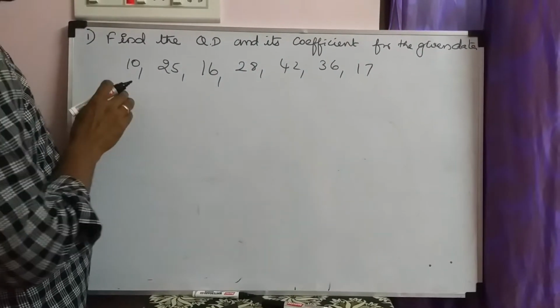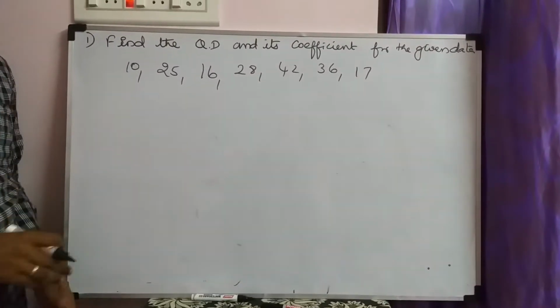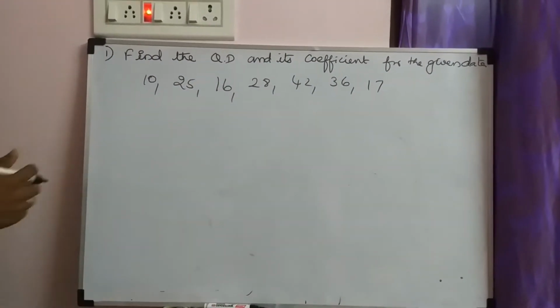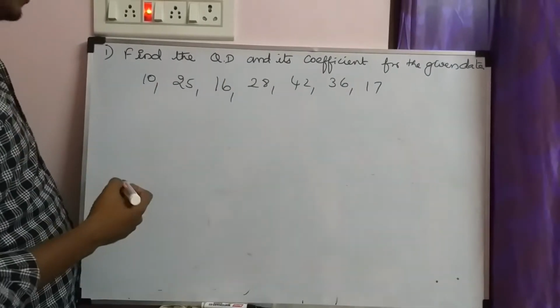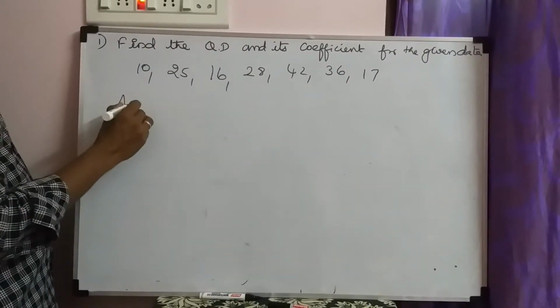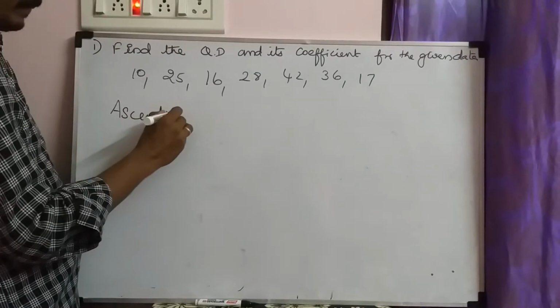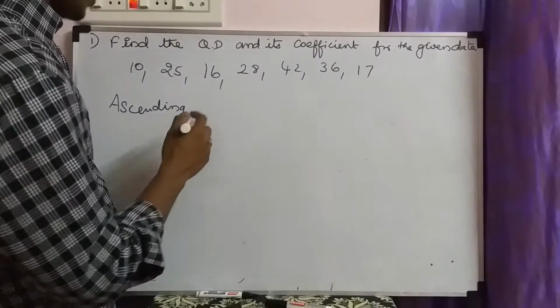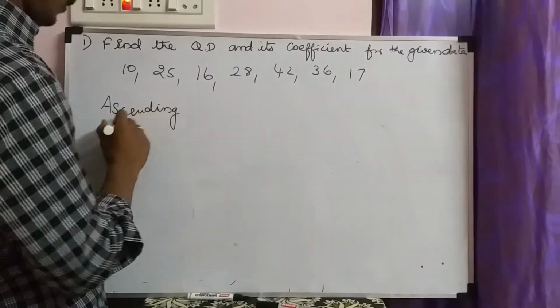Here, first arrange the given data in either ascending or descending order. Now I take ascending order, that means from the lowest number to the highest value.